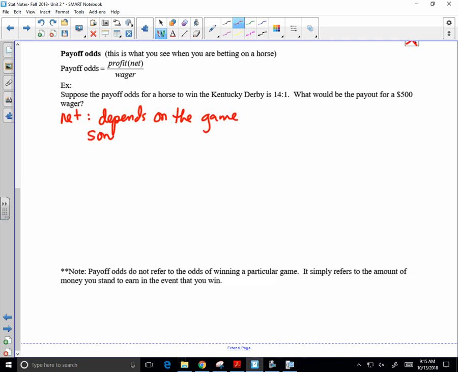Sometimes you get the wager back, sometimes you don't. And lottery tickets work the same way. Not all of them, but some of them.